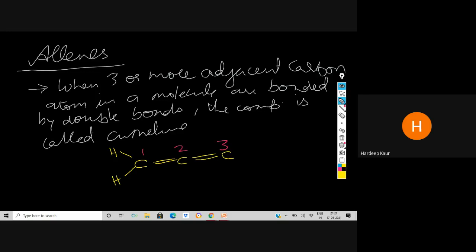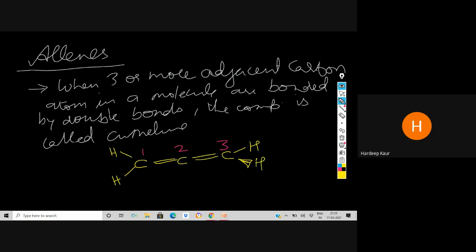The hydrogens at carbon number 3 are exactly in a plane that is perpendicular to the plane of carbon 1. So you can say these two hydrogens are in another plane.